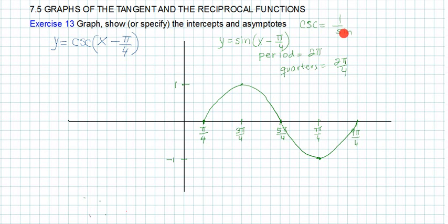That's where you have your asymptotes. And how do you know where sine equals 0? Let's look at the curves right there. Y equals 0, so right there, and right there. At the x-intercepts, y equals 0. So that's where you draw your asymptotes.